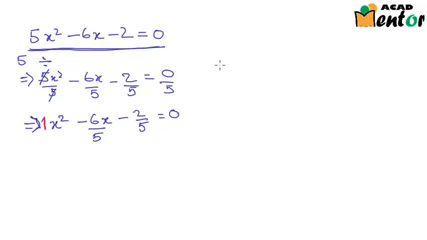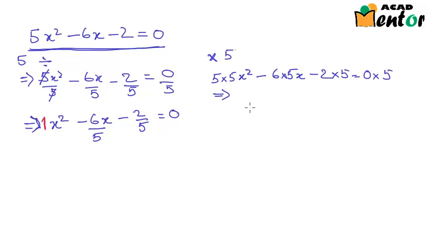Now in the next method, I want to multiply the whole equation by 5, and I would get 5 into 5x square minus 6 into 5x minus 2 into 5 equal to 0 times 5. Remember to multiply or divide the full equation by 5.